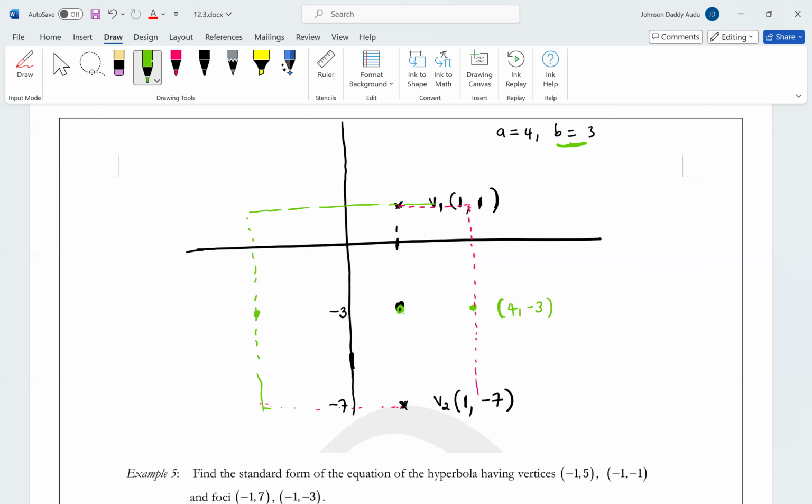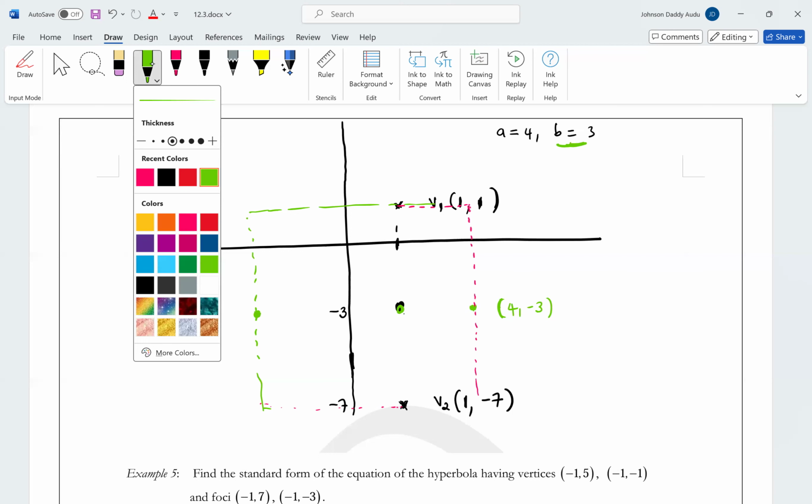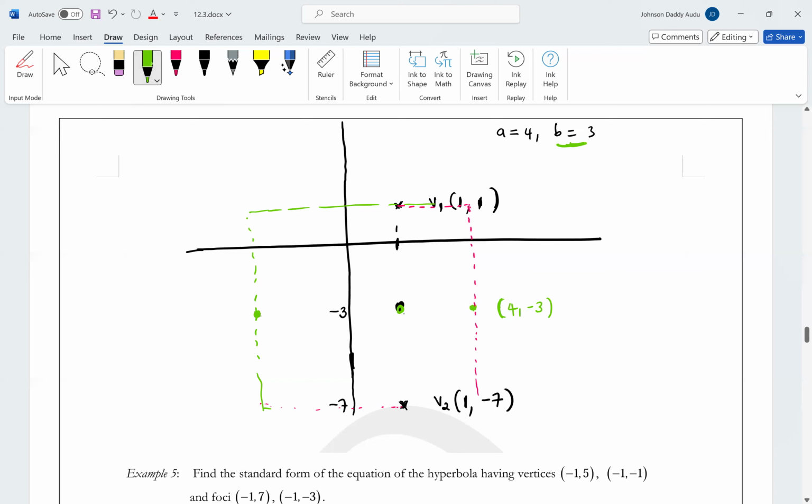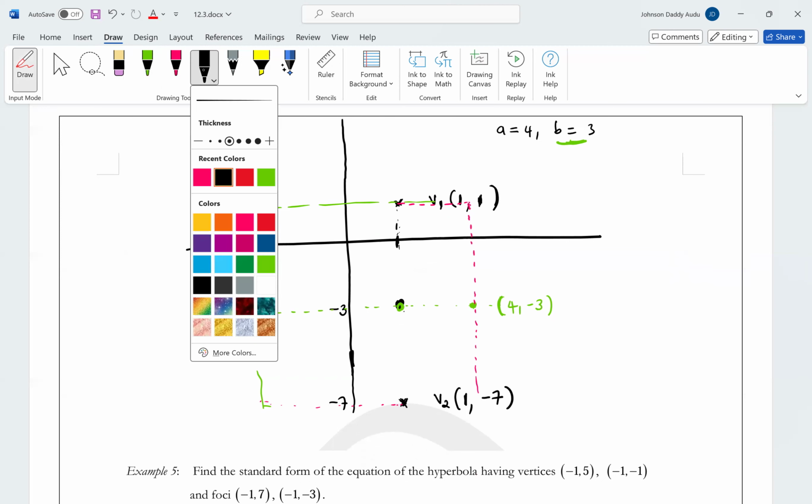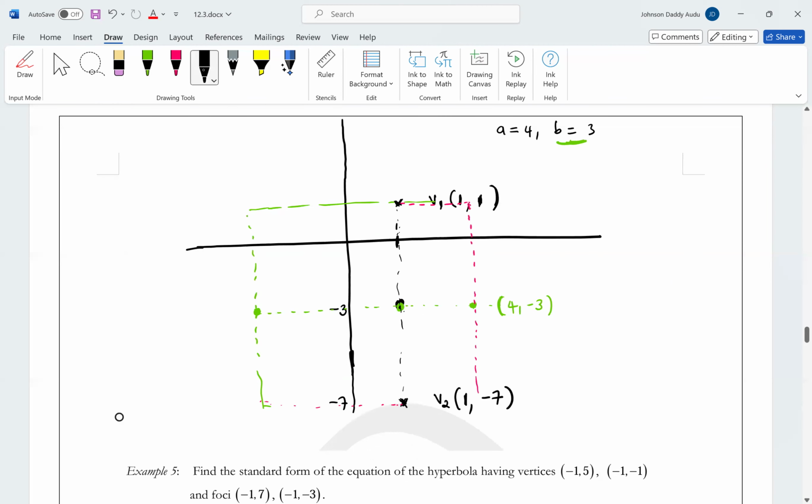You can see this line here, it's our conjugate axis. This one is actually our conjugate axis, and this one here is the transverse axis. The length of the transverse axis is this line that connects the center here.